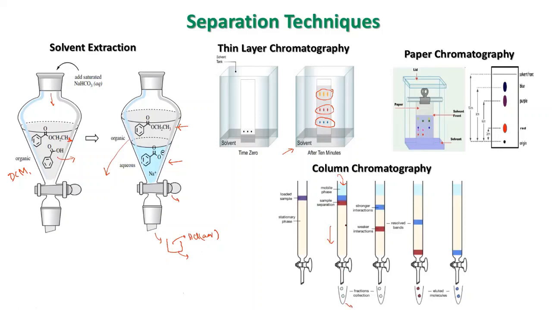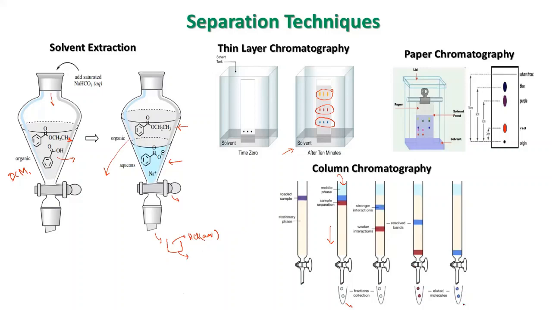What we see is that, based on the binding property, the compound with less binding capacity will move faster and come out first. So here you see the sky blue compound is coming out first, and then after its separation the red has started coming, and finally the dark blue.